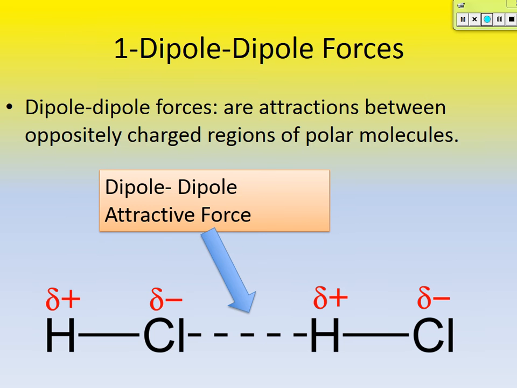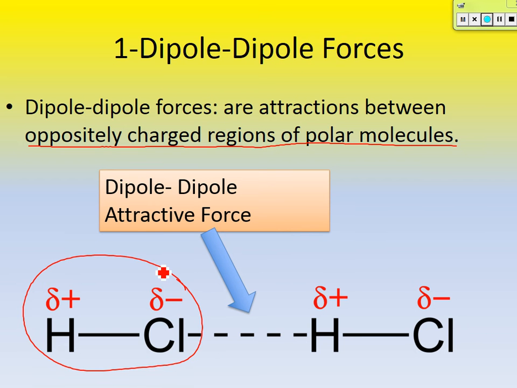You're supposed to write something about the definition here. Dipole-dipole forces are attractions between oppositely charged regions of polar molecules. They are attractions between oppositely charged regions of polar molecules. So let me see if I can explain it.